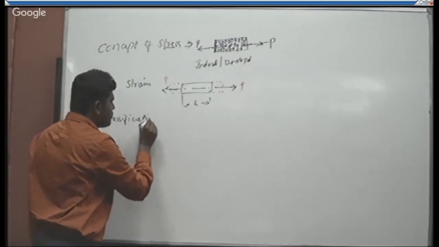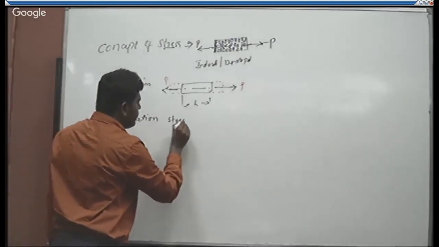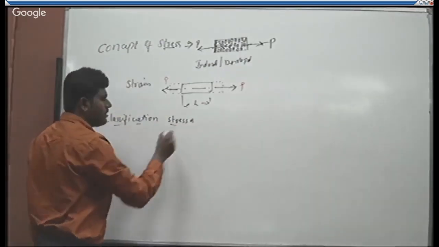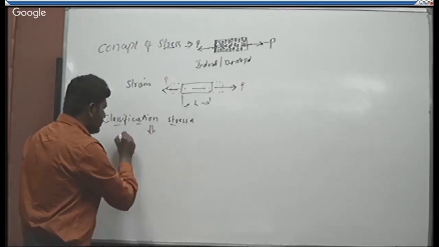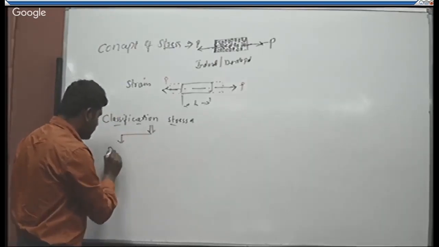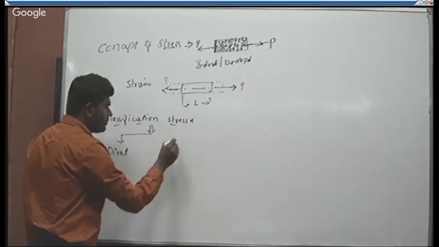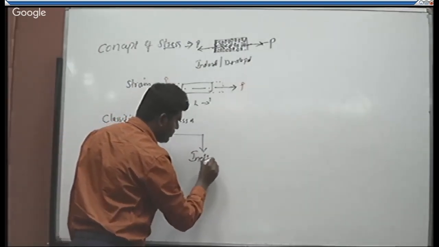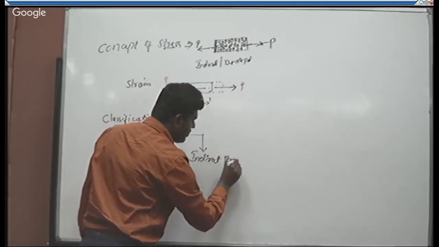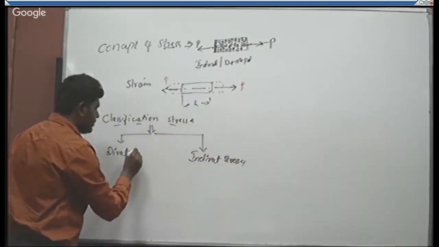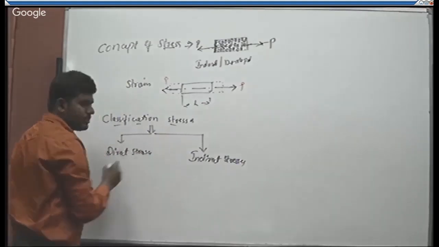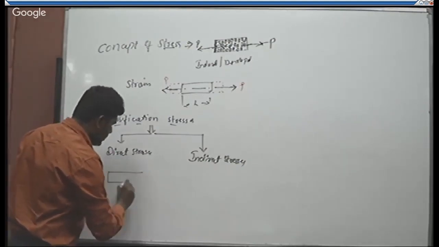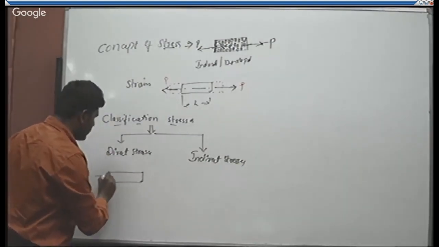Based on the type of forces acting on different types of material, stresses are classified into direct stresses and indirect stresses. Coming to direct stresses, take one simple bar and assume this is the axis of the bar.